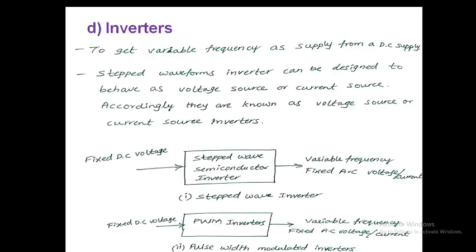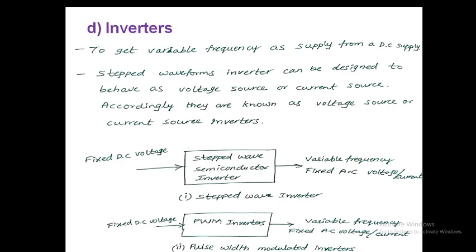And the next one is the inverter. Here, we get a variable frequency supply from a DC supply. That means if your supply is DC and from that we need to get AC voltage with variable frequency, that is DC to AC with variable frequency.